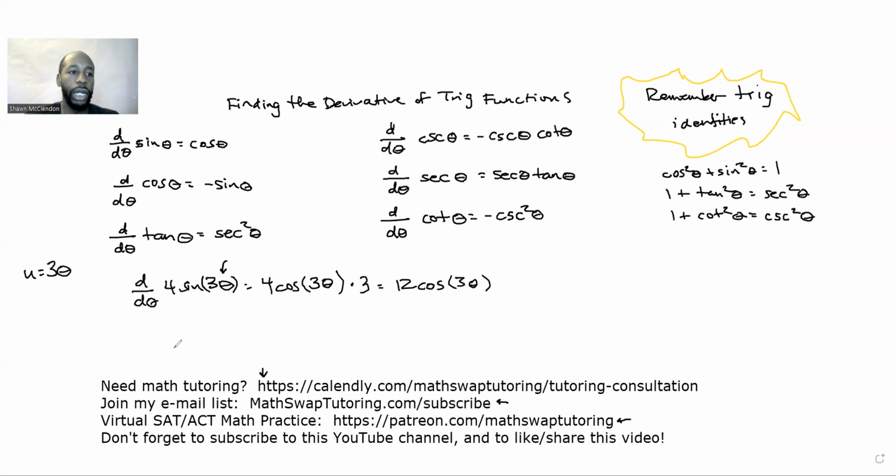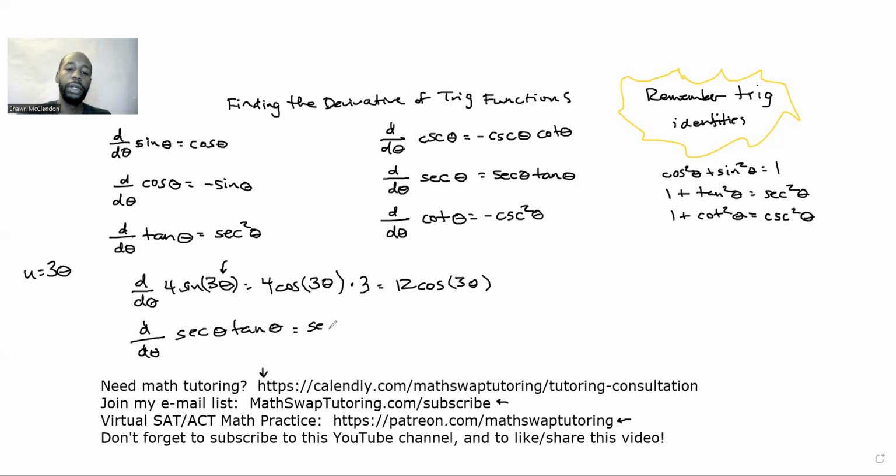All right, let's do another example. The derivative of secant theta tangent theta. All right, so now this is product rule because you have functions being multiplied times each other. The first times the derivative of the second plus the second times the derivative of the first. So let's do that.